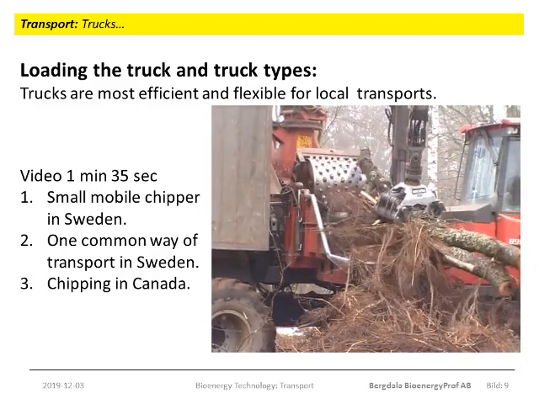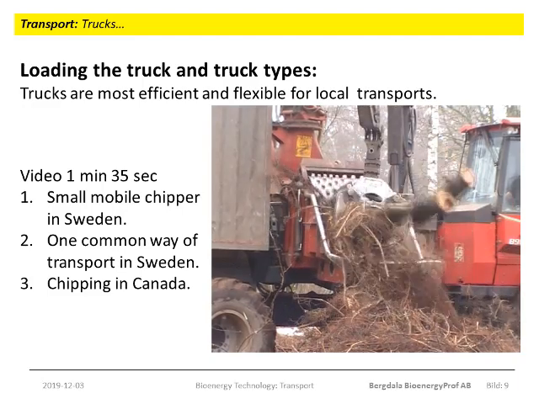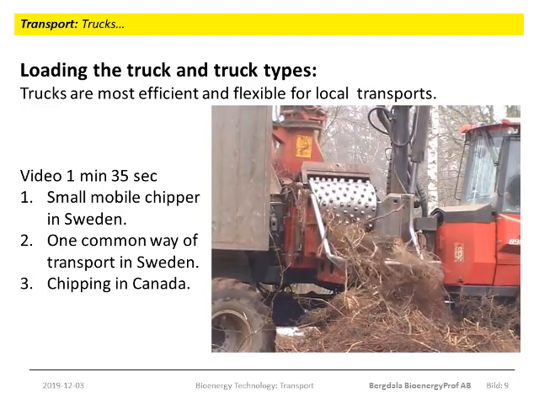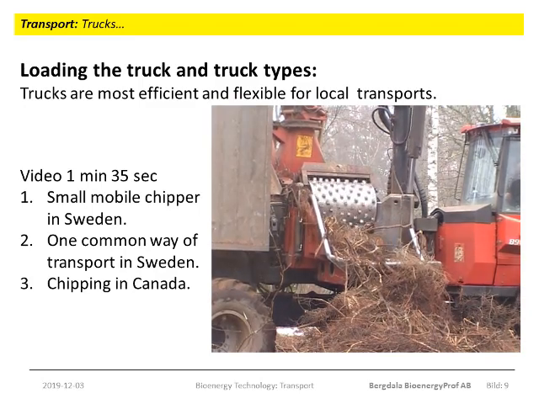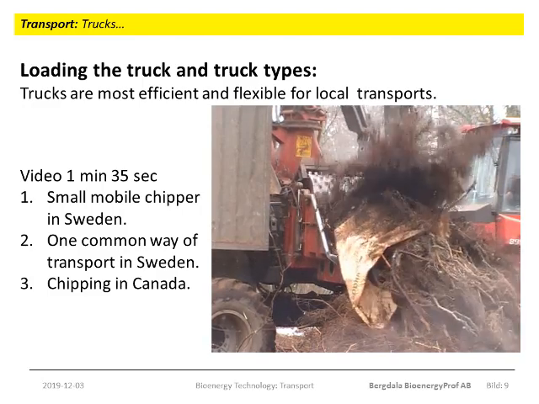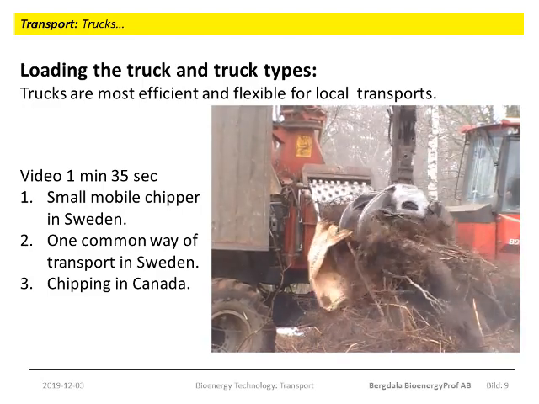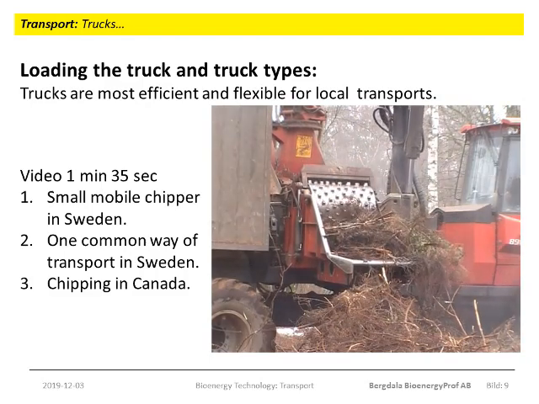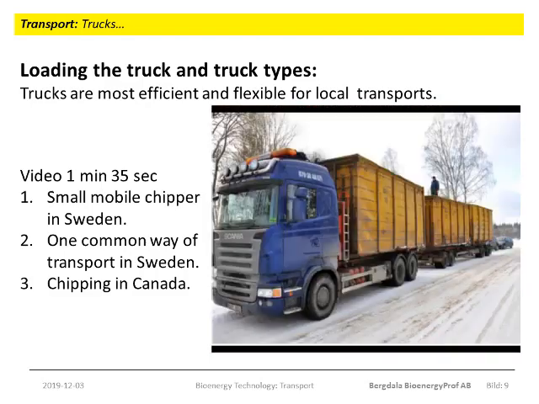Into the chipper is also fed the waxed paper that acted as a rain protection. The chipper mini container is emptied into larger containers transported 3 by 3 on a lorry and trailer. This is one common way for chips transports in Sweden.